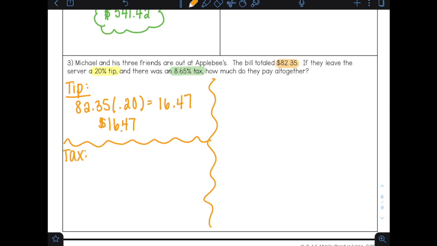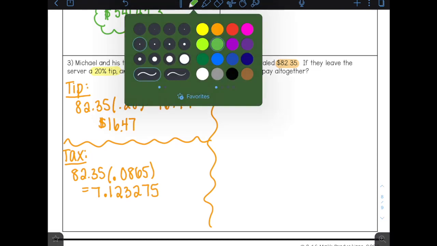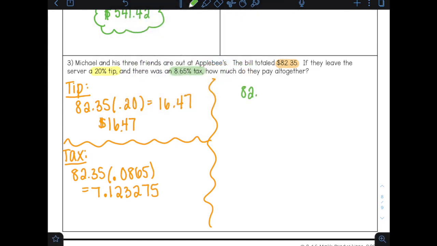Now I want to find out my tax. So I'm going to use the same amount, my $82.35. My tax is 0.0865. So that total is going to be 7.123275. And remember, I'm going to round at the end. So what I'm going to do is take my total of 82.35.